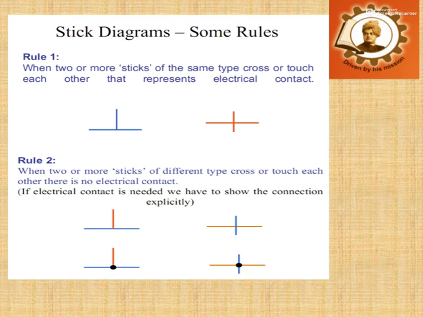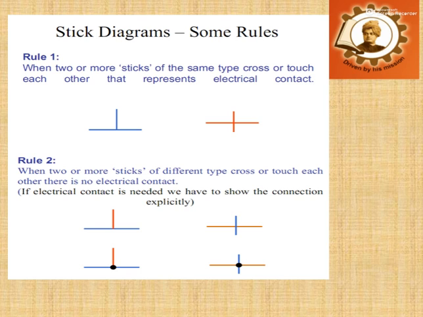Number 3: when poly crosses diffusion, it represents a transistor. If the red poly crosses green, it represents N diffusion. If red poly crosses yellow, it represents P diffusion. If contact is not shown, then it is not a transistor.